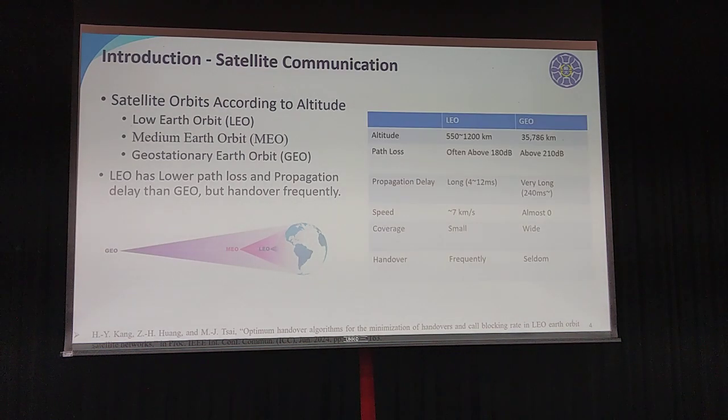Thus, low Earth orbit satellites are suitable for communications. However, low Earth orbit satellites have a small coverage area and move fast, at 7 kilometers per second, leading to frequent handover. We need an effective strategy to reduce the number of handovers.